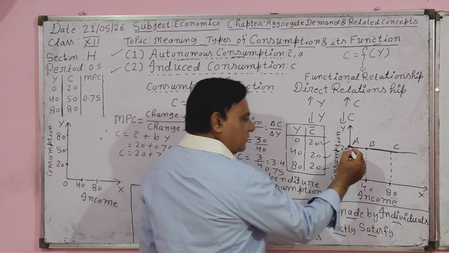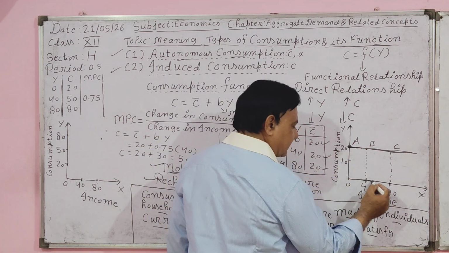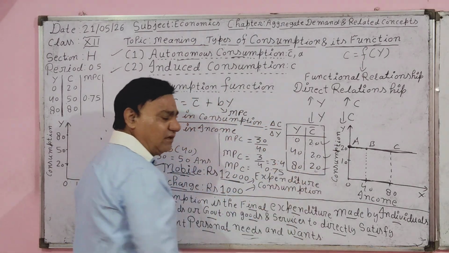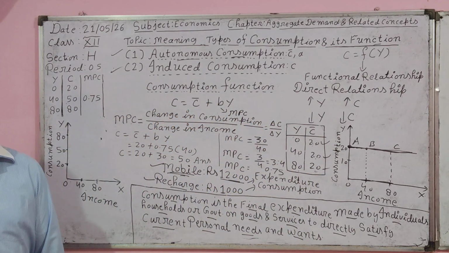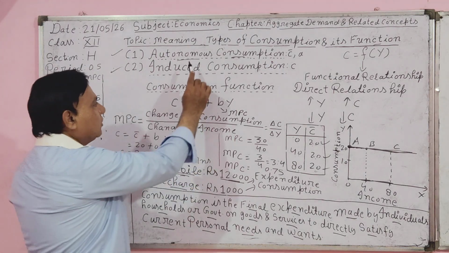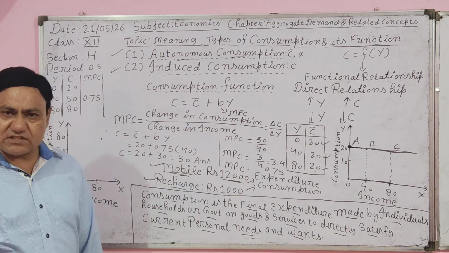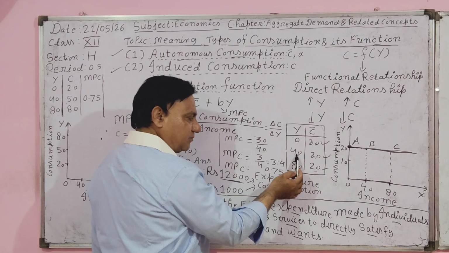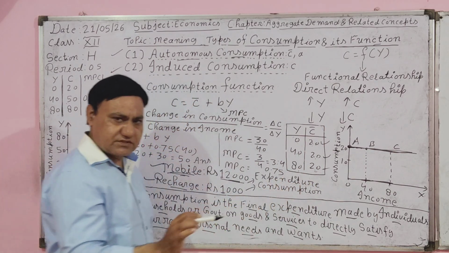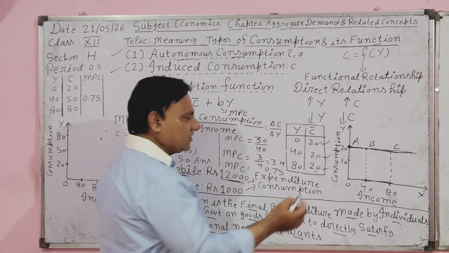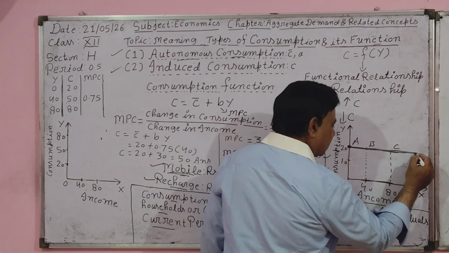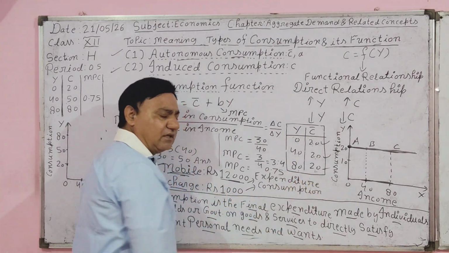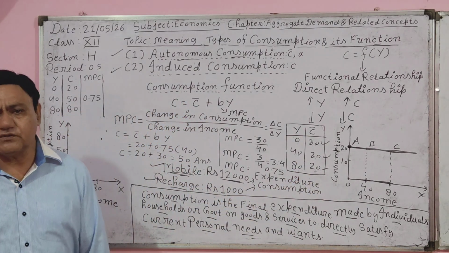This consumption curve is parallel to the x-axis because the amount of consumption remains the same. So autonomous consumption is that type of consumption in which the amount of consumption remains the same, whether income increases or decreases. The autonomous consumption curve is parallel to the x-axis because the amount of consumption remains the same at different levels of income.